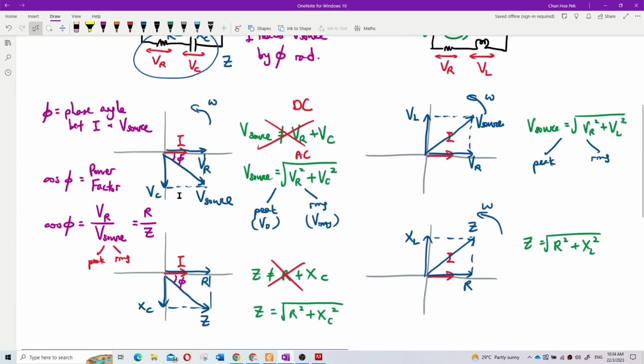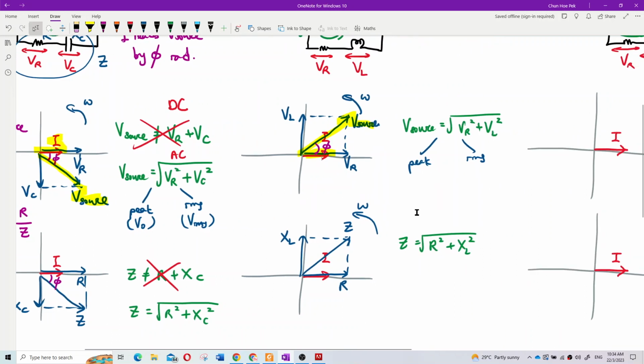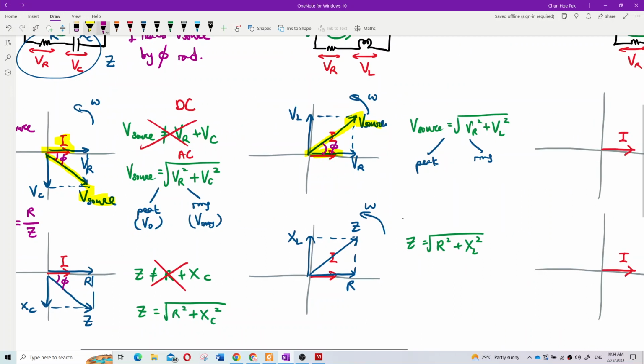Between current and V source, that's where the phi is. Our phi is always between the current and the V source, or between the current and Z, because Z is V source. Okay, that's the phi.